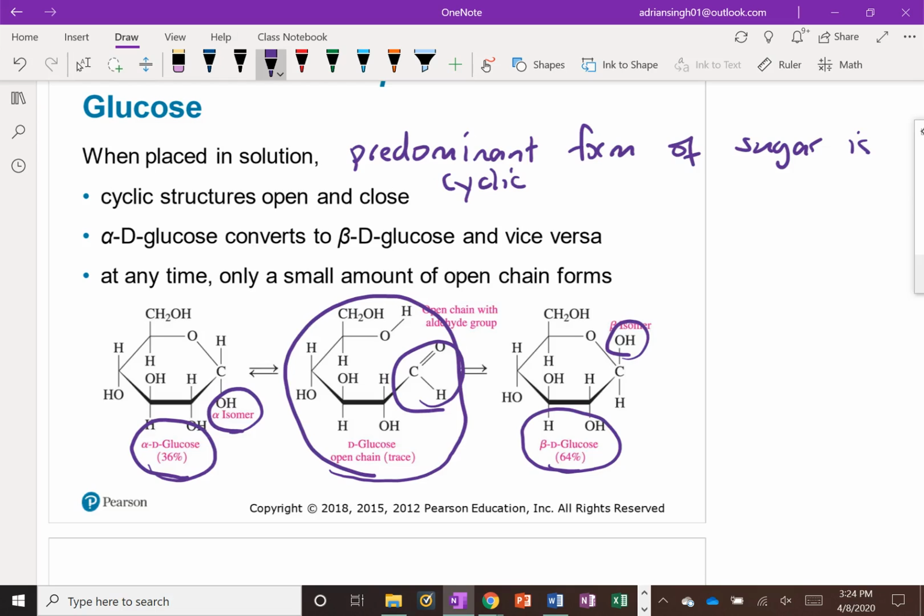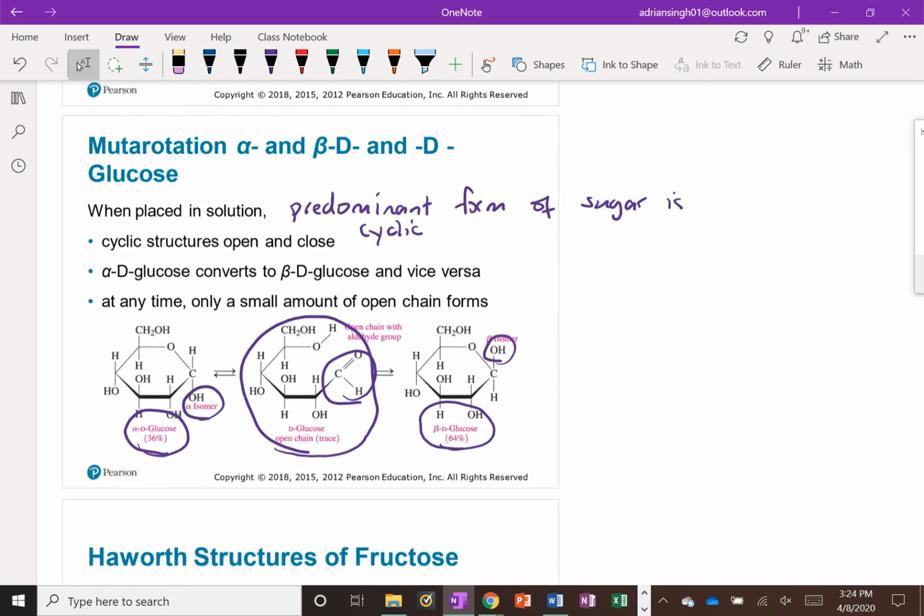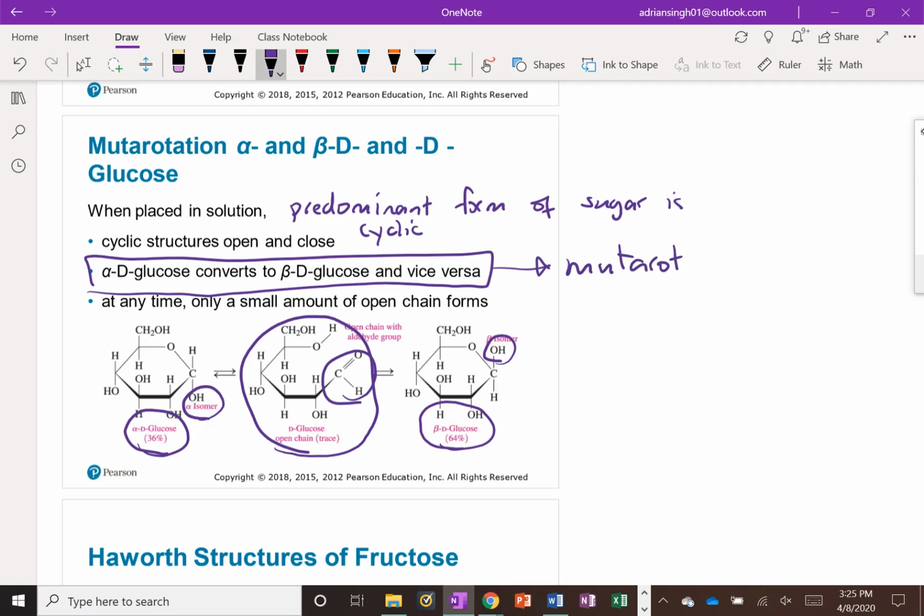All right, and there's an interconversion happening all the time between the alpha D-glucose and the beta D-glucose, and that process is called mutarotation, which is just the interconversion between the alpha isomer and the beta isomer, right? So that can happen when that chain closes up to form that ring structure.